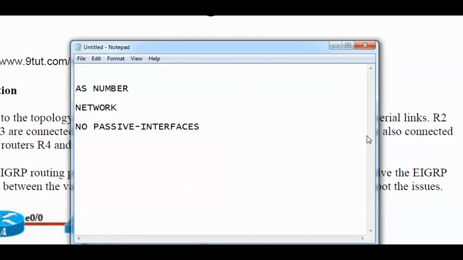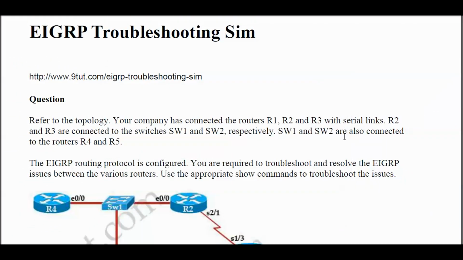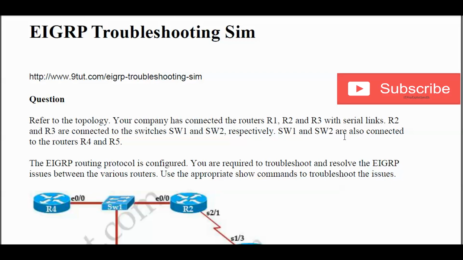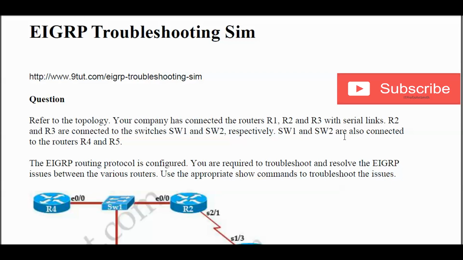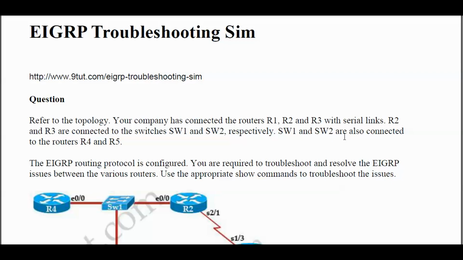So now let's read the question. Refer to the topology. Your company has connected the routers R1, R2, and R3 with serial links. R2 and R3 are connected to the switches Switch 1 and Switch 2, respectively. Switch 1 and Switch 2 are also connected to the routers R4 and R5. The EIGRP routing protocol is configured.